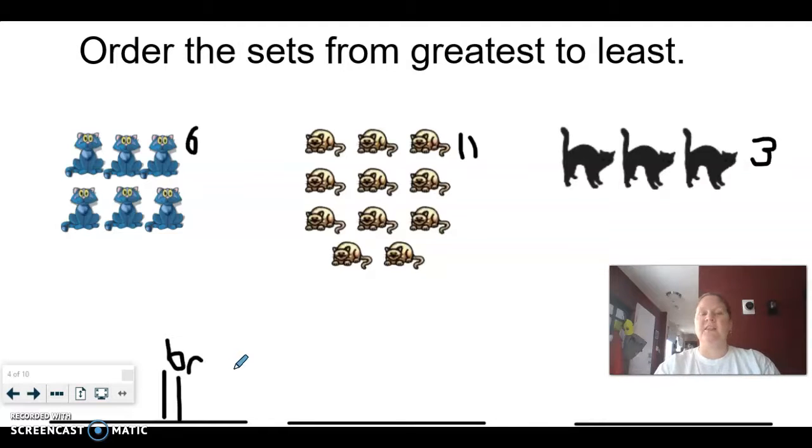So if I count backwards, I go 11, 10, 9, 8, 7, 6. And I can see my sets going bigger and getting smaller, right? So the next biggest one is the 6, which is my blue cats. BL, blue. All right. Oh, I'm gonna have to write that one because black is also BL, isn't it? BLUE, blue. All right. And then what's my smallest, my least?